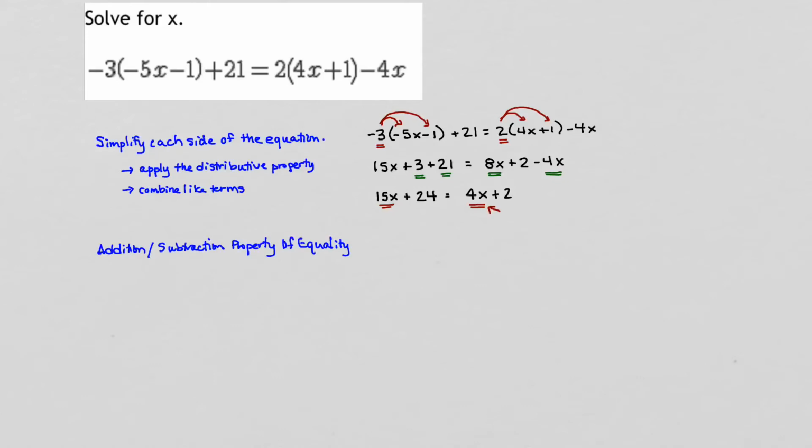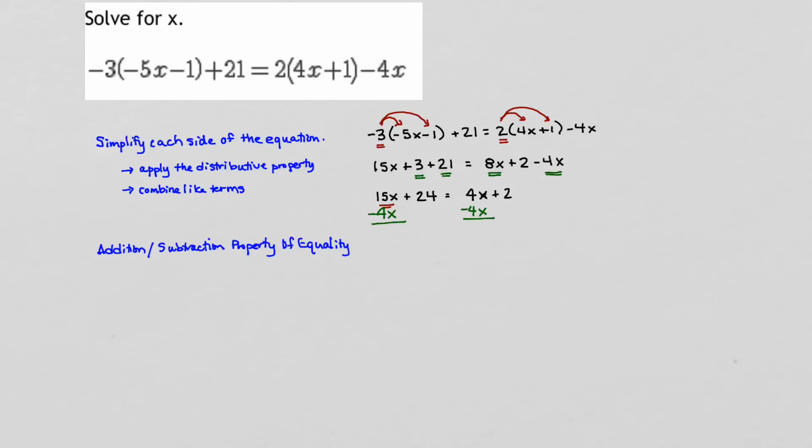I don't want it there on the right. In order to remove a positive 4x, I'm going to have to subtract 4x. So I'm going to move that 4x by subtracting 4x from the right side so that it goes away. If I do that from the right side, then I also have to subtract 4x from the left side.